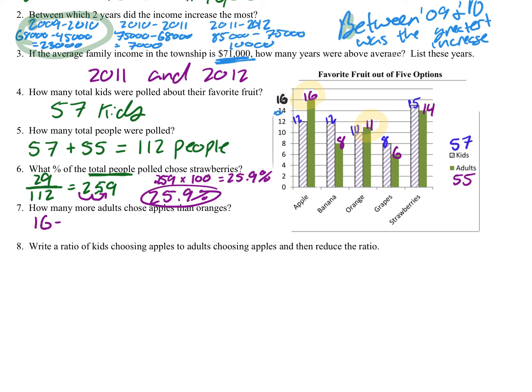So 16 minus 11 equals 4. So this tells me that 4 more adults chose apples. So apples were the more popular choice by 4 adults.